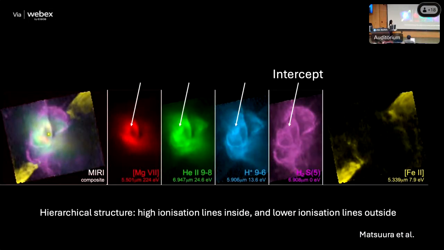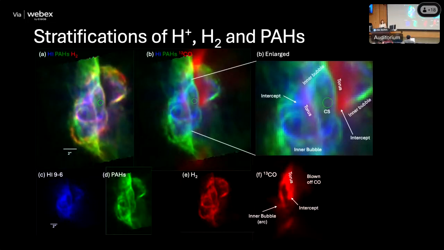If you go back to the previous one, you can see at the intercept, every single emission is found, from high ionization potential to molecular hydrogen. Now moving on to H1, the hydrogen recombination line, which traces H+ ionized hydrogen, along with molecular hydrogen and PAHs.